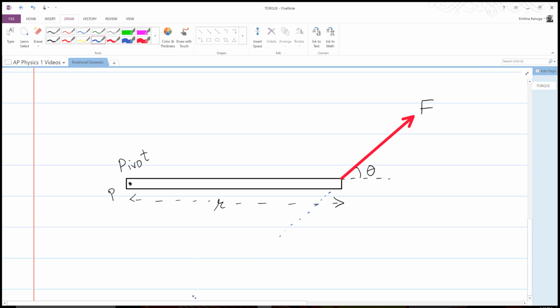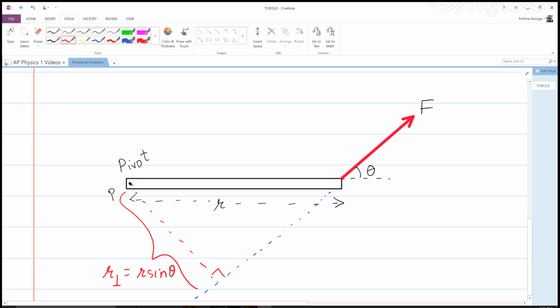The first thing we'll do is extend the force, just continue to draw the force, and then drop a perpendicular from the pivot to this force. When we draw this, we notice a simple right angle triangle here, and this particular side of the right triangle, which is also the perpendicular distance, is simply equal to R times sine of theta.